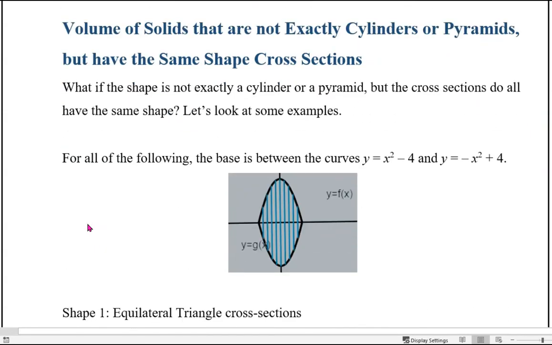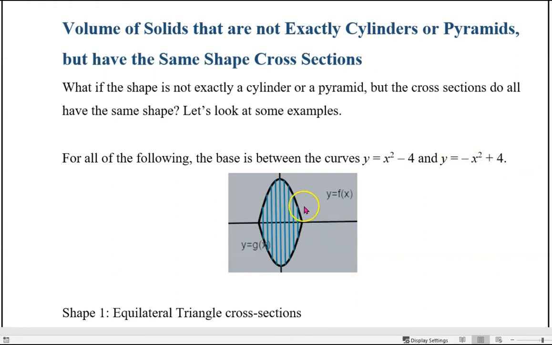Let's now look at the volumes of solids that aren't exactly either cylinders or pyramids, but do have the same shape cross sections. These are the ones that I showed you at the very beginning of the video. Let's look at some examples here. For this example, the base is between the curves y equals x squared minus 4 and y equals negative x squared plus 4.